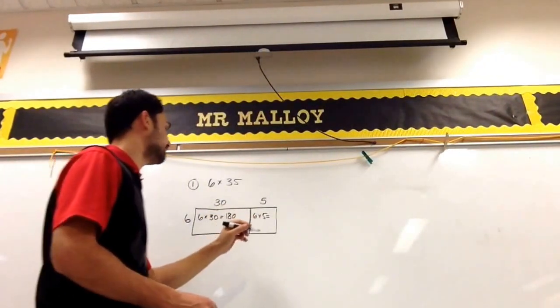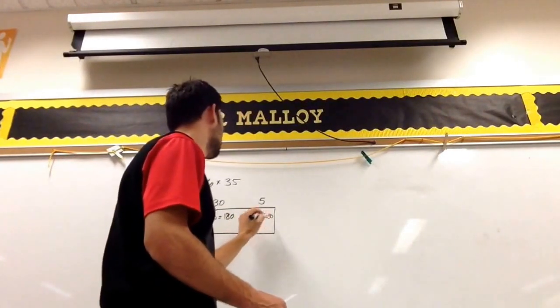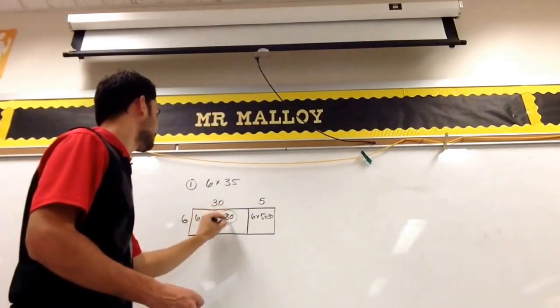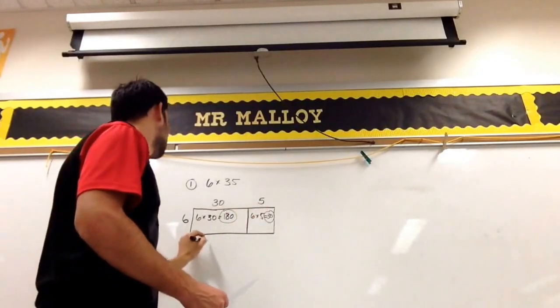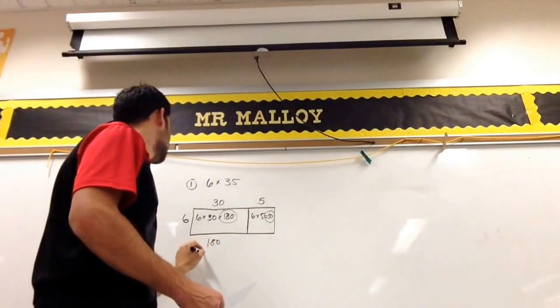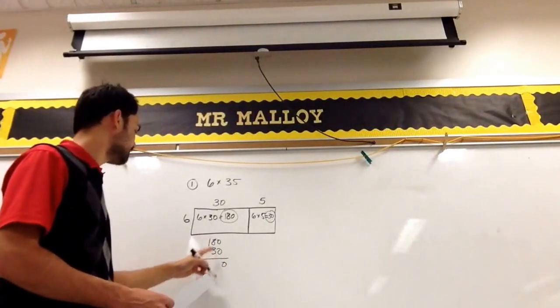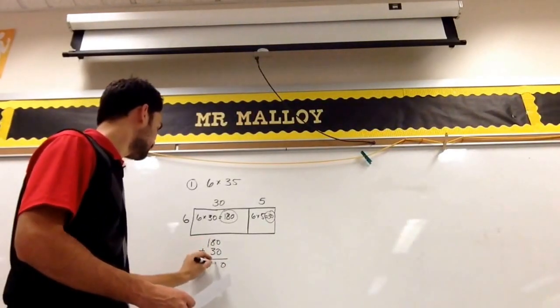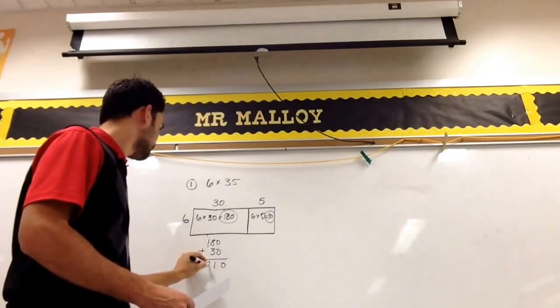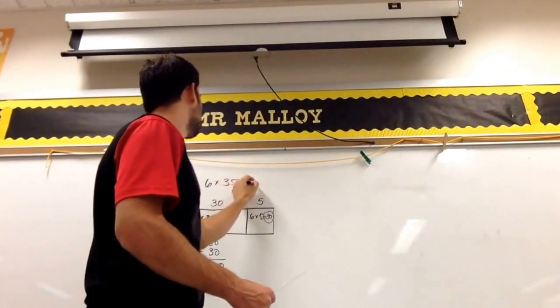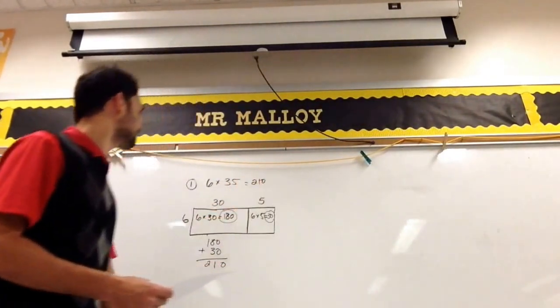And then 6 times 5 is 30. Now we take our two products here, we line them up, to add them. So 8 and 3. So the answer to this problem would be 210.